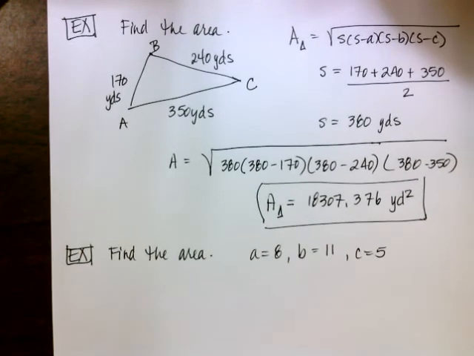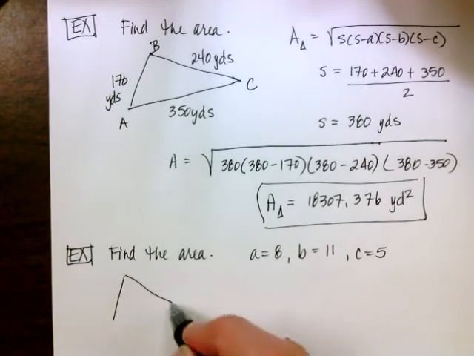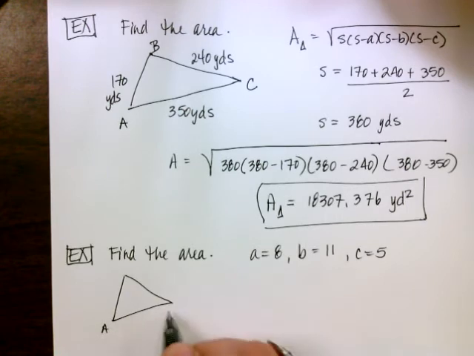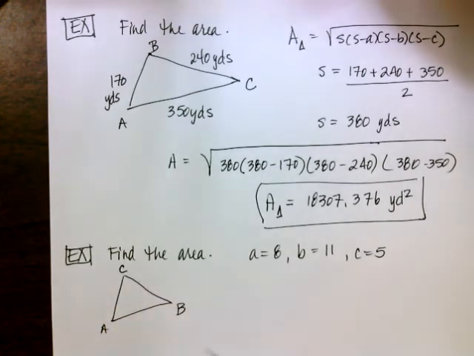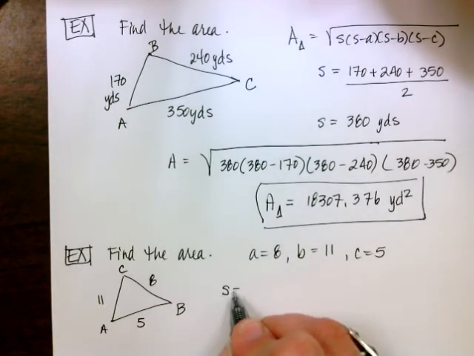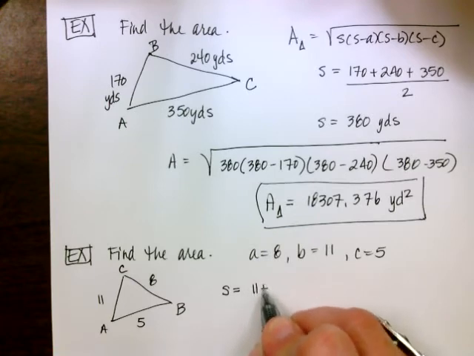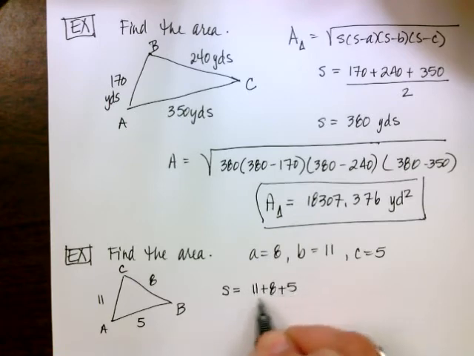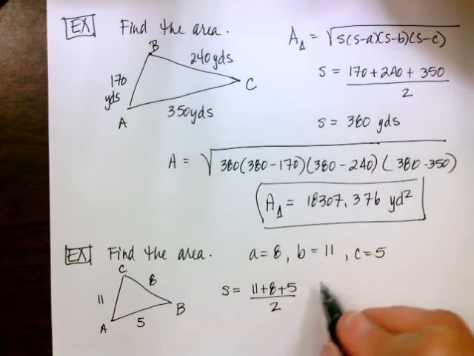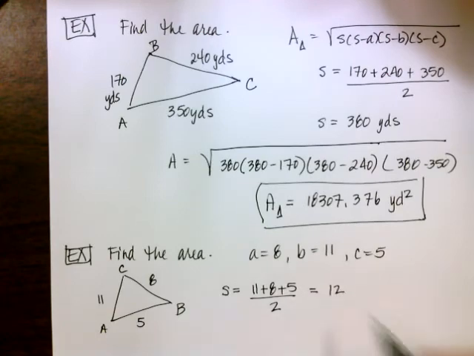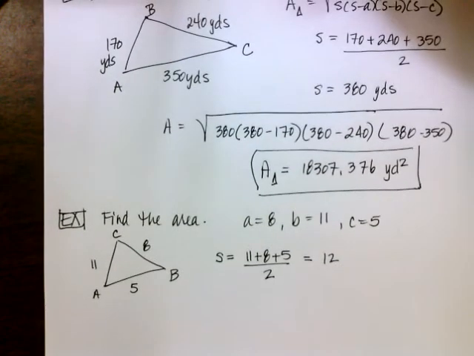Alright, I still think it's a good idea to draw pictures because I think the more you can see, the less likely you are to make mistakes. So I know that A is 8, little b is 11, little c is 5. I need to find my semi-perimeter, so it's going to be 11 plus 8 plus 5 divided by 2. When I do that math in my calculator, I get that my semi-perimeter is 12.